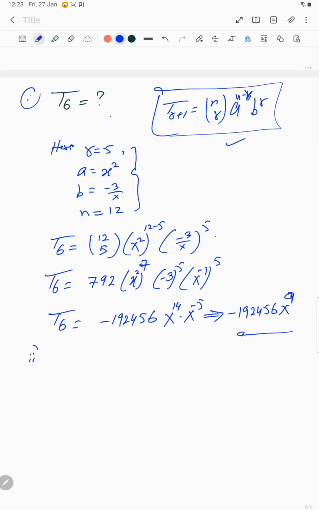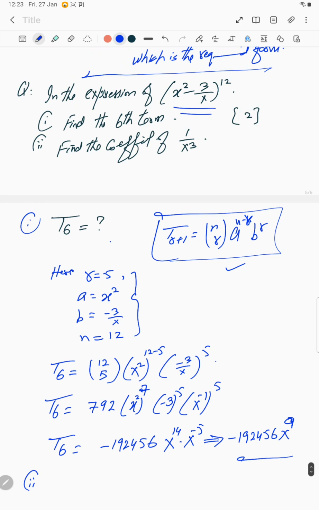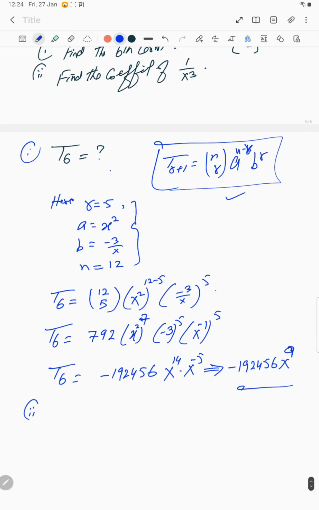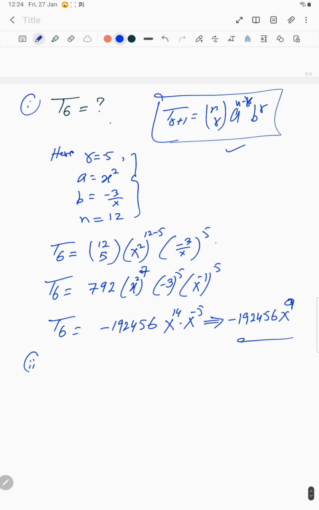Now the second part says find the coefficient of 1 over x3. Coefficient of x3, again you are looking for coefficient. So starting with the same rule, general term Tr plus 1 equal to 12Cr. A power is x2 power 12 minus r. B is minus 3 by x power r.